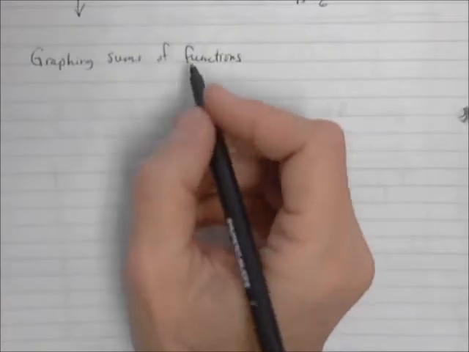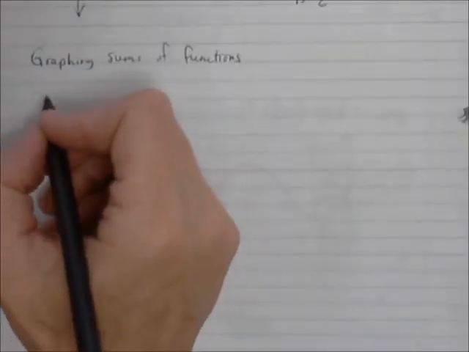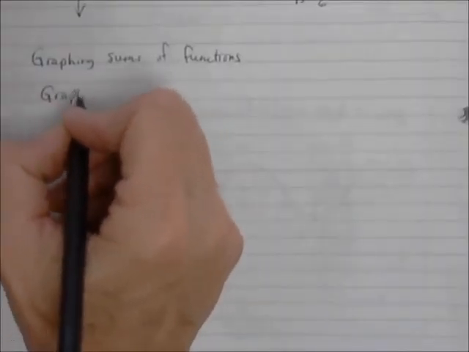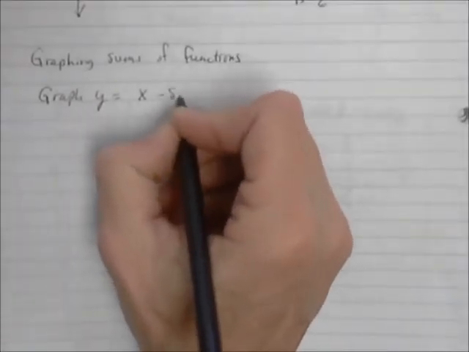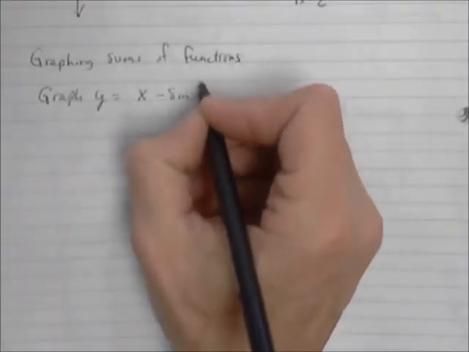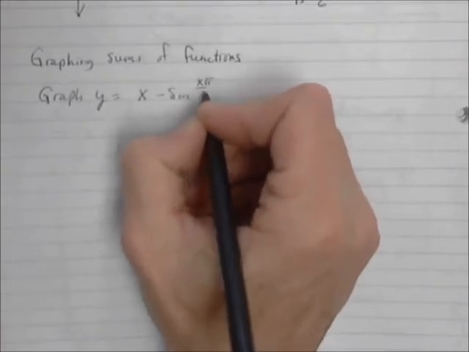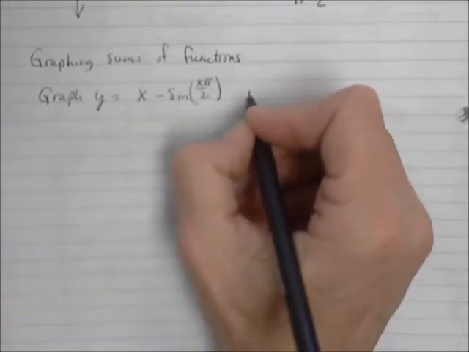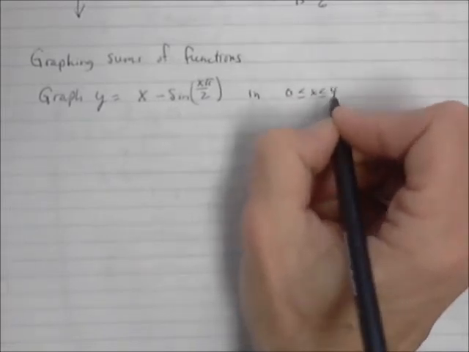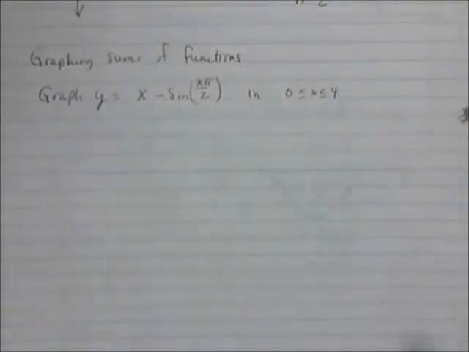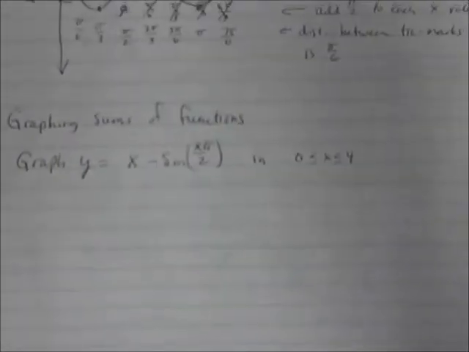So if we had a problem like graph y is equal to x minus sine of x pi over 2 in the interval between 0 and 4 for x, what would we do with a problem like this?